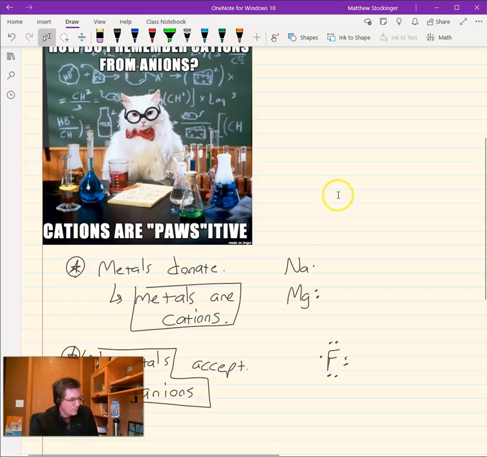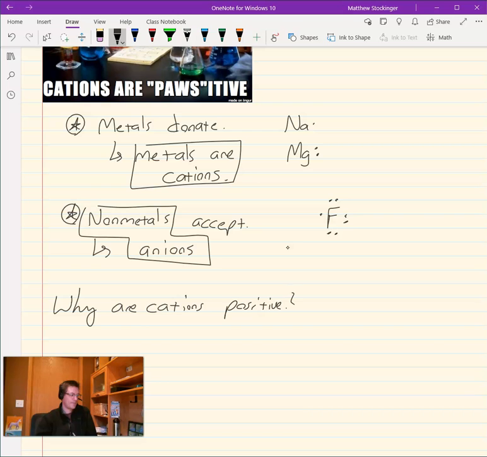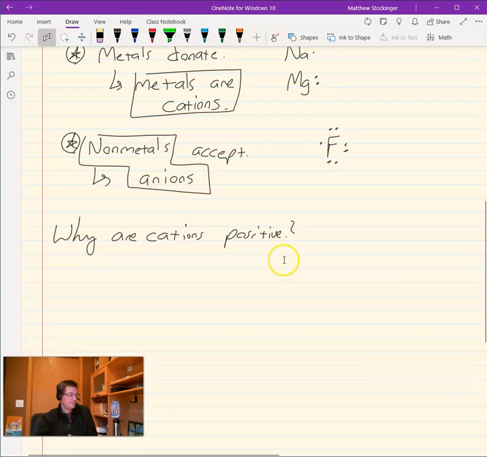Now, what you might not get is that metals donate, right? They're losing electrons. Why are metals positive, right? Cations are positive. Why do you get a positive charge if you lose an electron? Well, let's take a look at an example. Sodium, right? 11 electrons total.